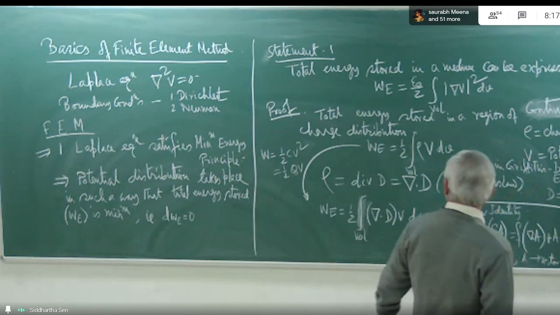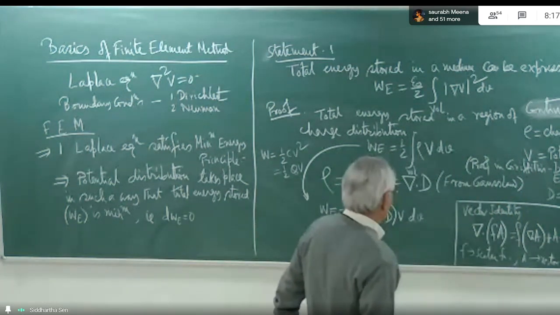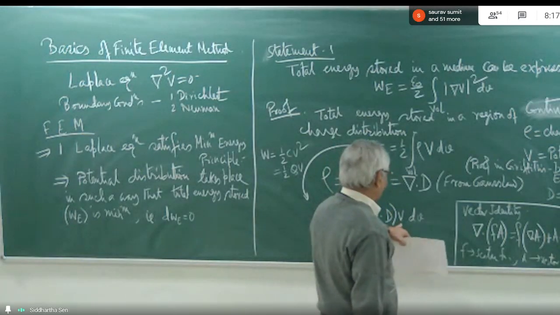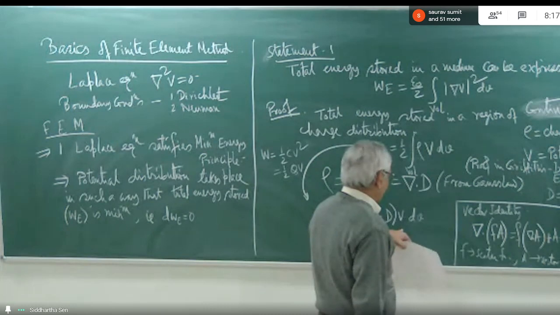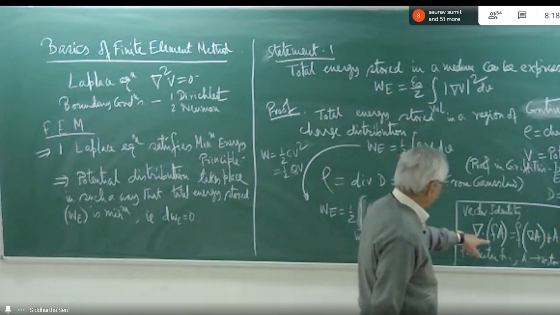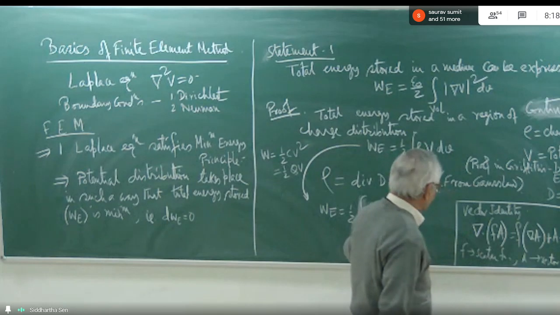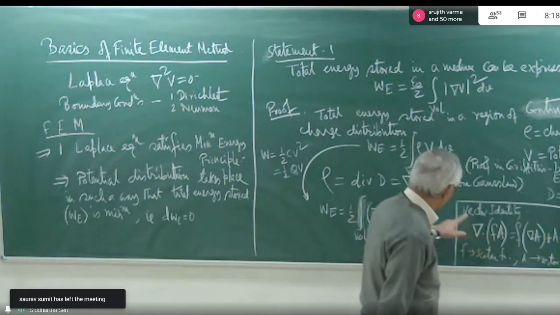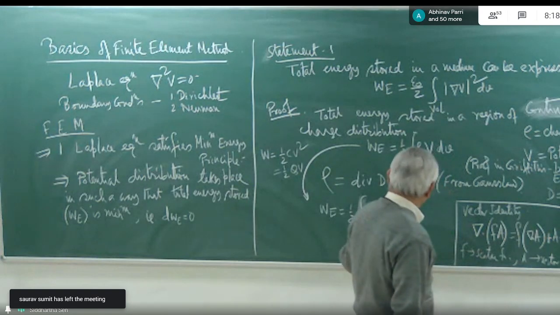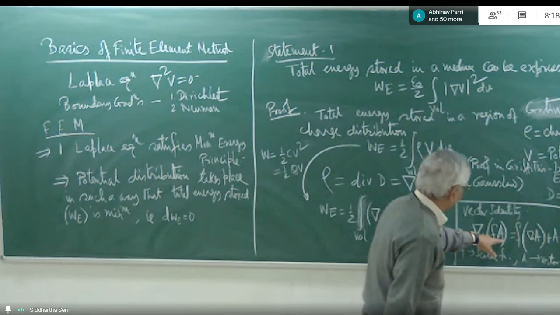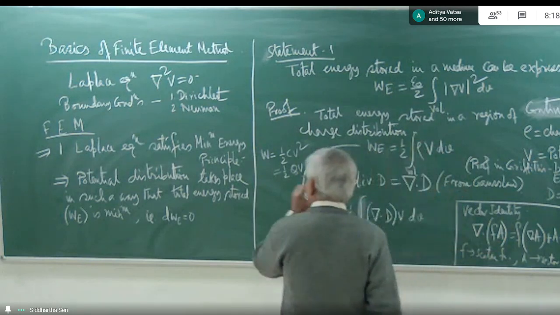So we will be using this one. You can easily analogously relate V with f and D with A, because V is a scalar function, so we can relate it with f, and D is the vector function, and we can relate it with A there.